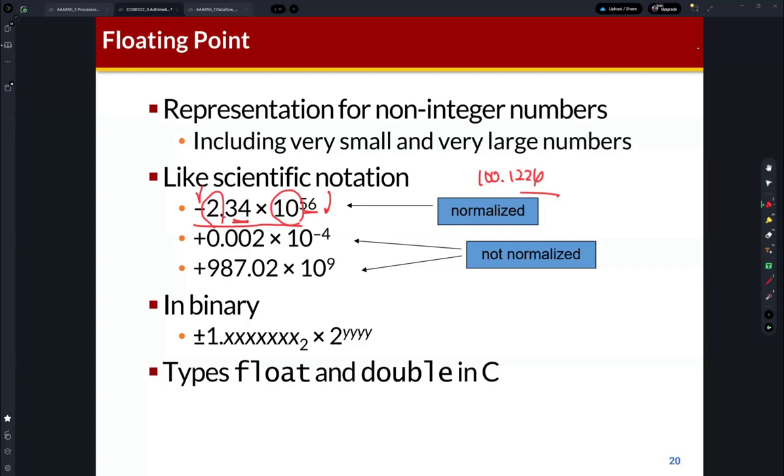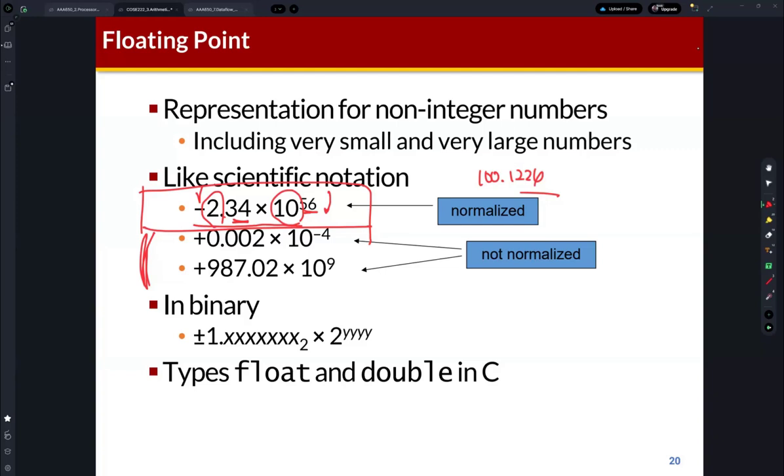We can also use a not normalized form like this example, but this is the standardized form, the default form. It's a standard form of the decimal floating point number, right?